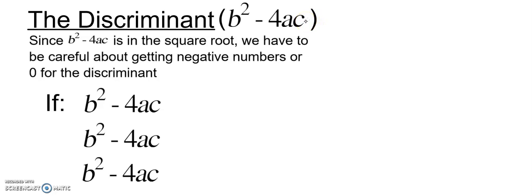That's the part that's under the radical. Notice the discriminant does not have the radical. It's just what's inside. Now, since b squared minus 4ac is in the square root, we have to be careful about getting negative numbers, but we also have to be careful about getting a number of 0. Because if I square root 0, I know the answer is 0. And I'll talk more about that later.